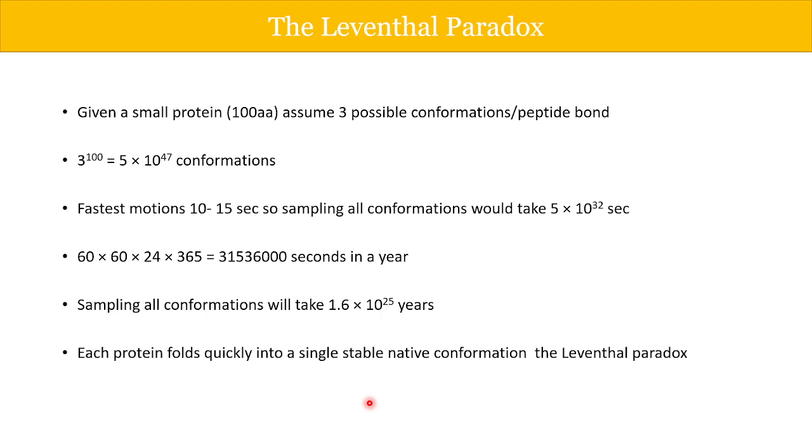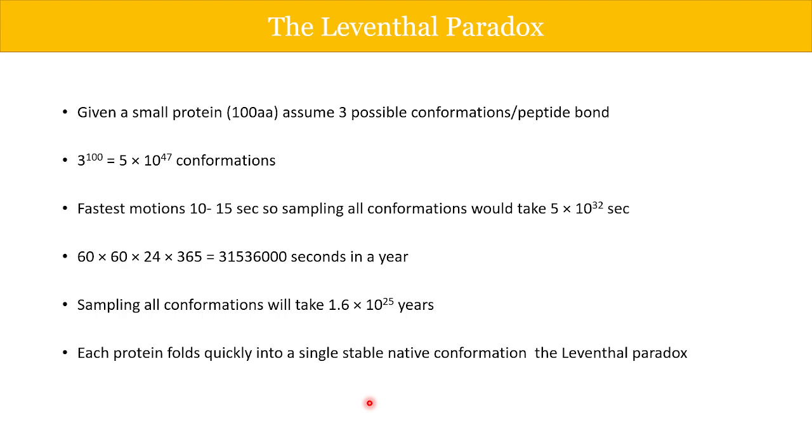Now, entirely based on an assumption, if each conformation takes around 10 to the power minus 15 seconds for sampling, then it would take around 10 to the power 32 seconds for one particular protein to fold. And 10 to the power 32 seconds is equivalent to around 10 to the power 25 years.